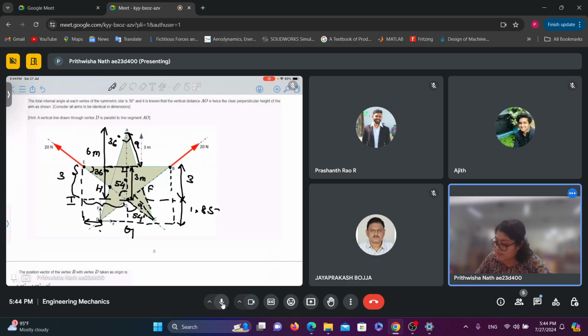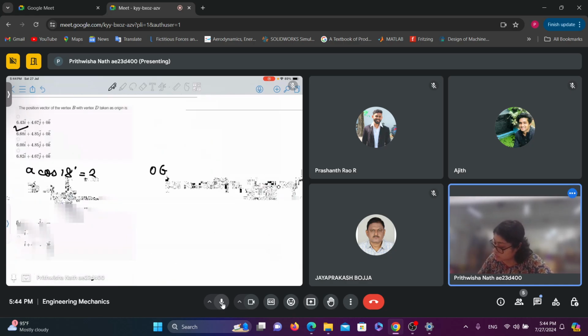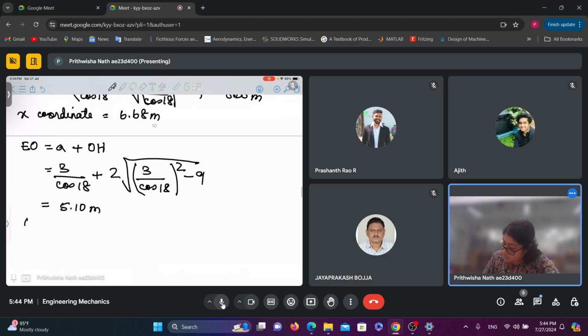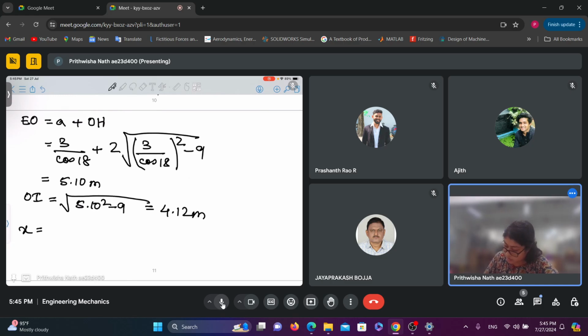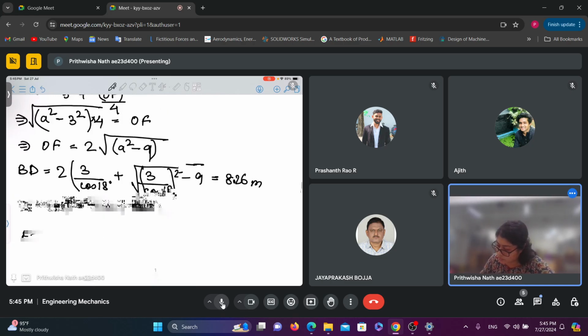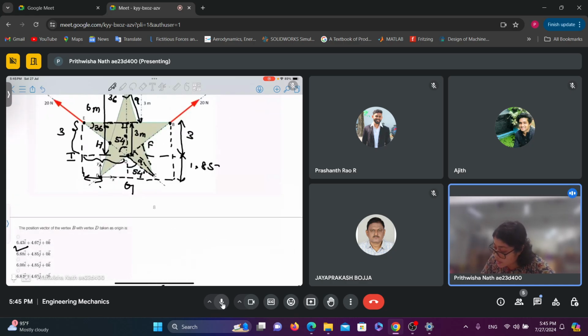Let this be I. So OI can be written as 4.12 meter. So this particular distance is this distance OI minus DG, right? That is A cos 36.